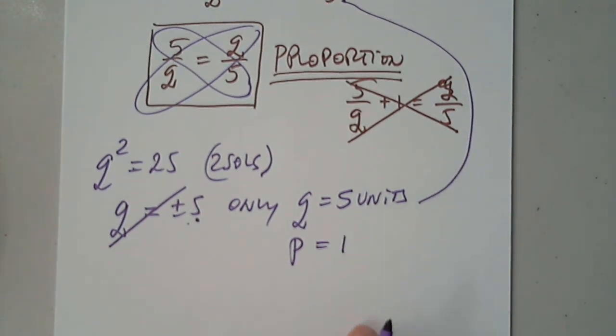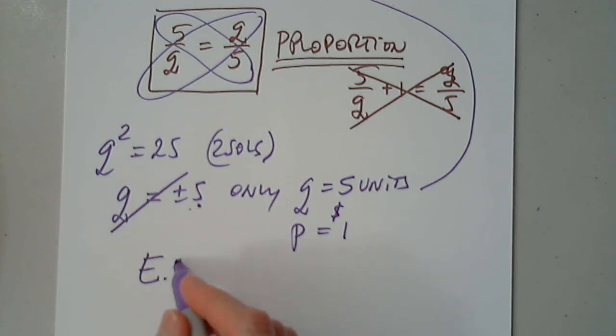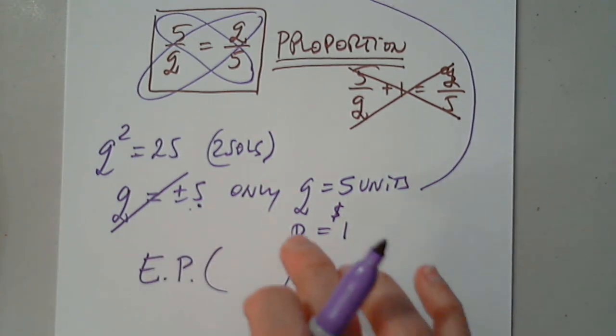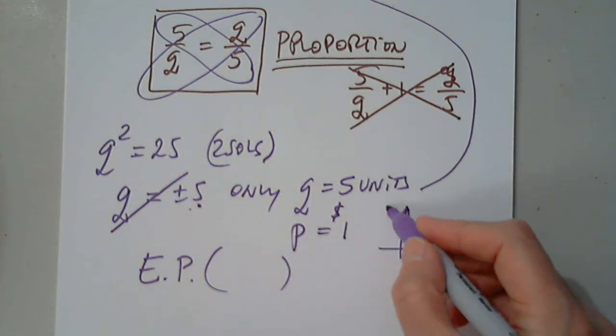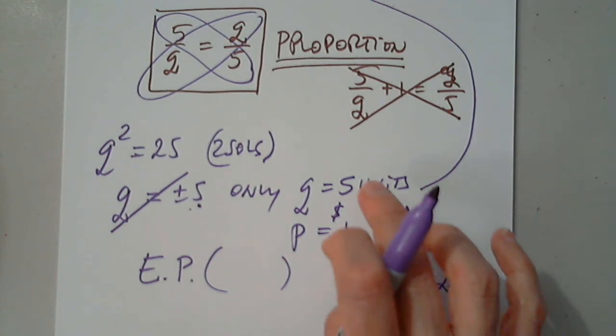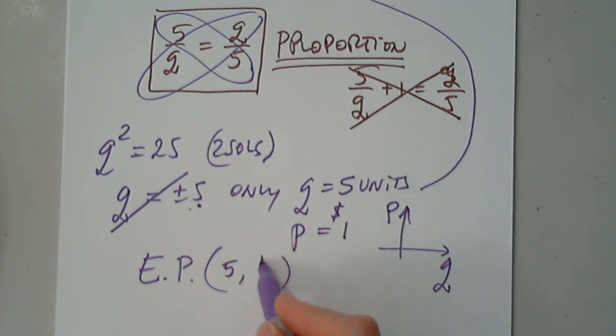Very good. 1, which means $1. So now the equilibrium point is always X, which is quantity, and price, remember? So here is Q and here is price. Q is 5, comma, the Y variable 1, and this is it.